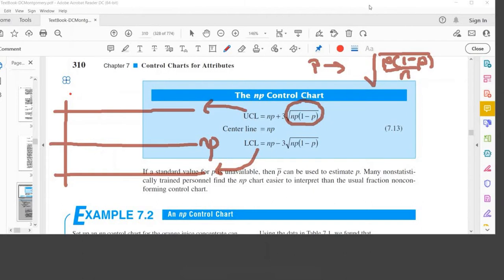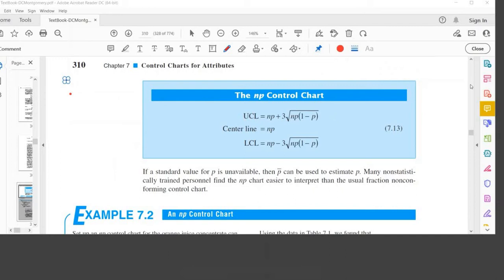So the 3 in front is common. Why 3? Because for 3 standard deviations we have 99.73%.